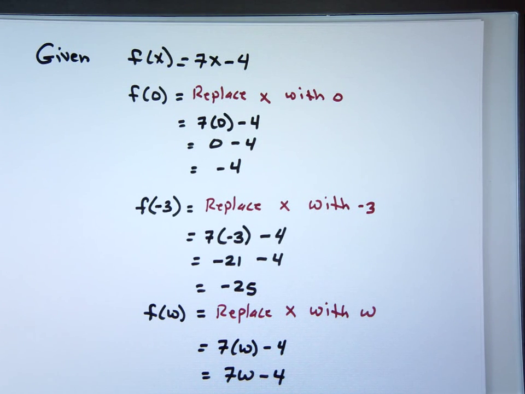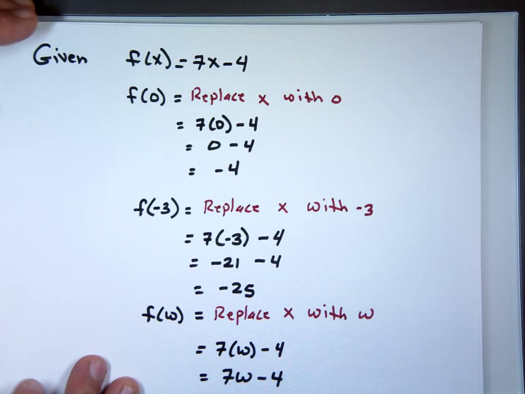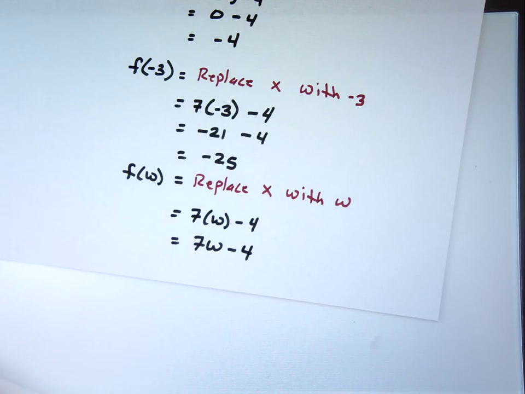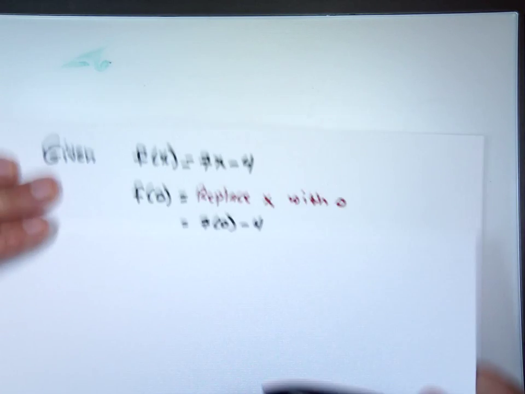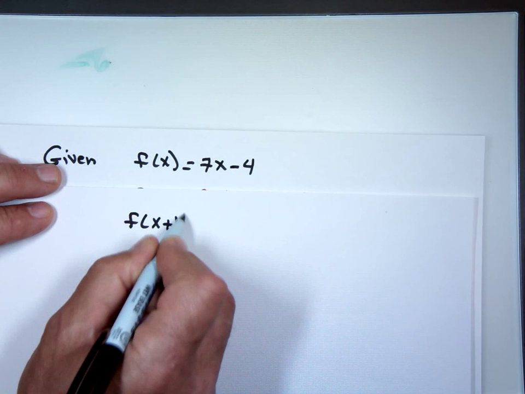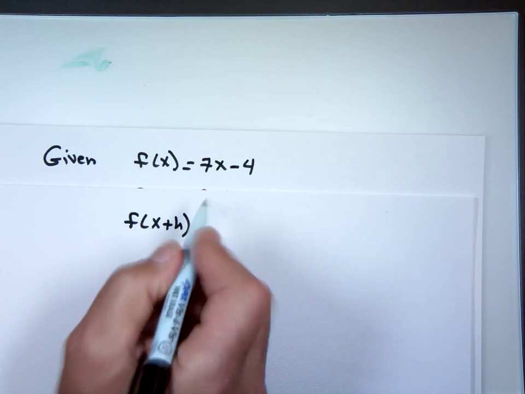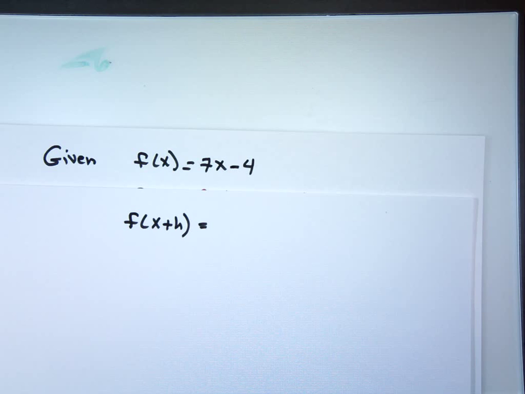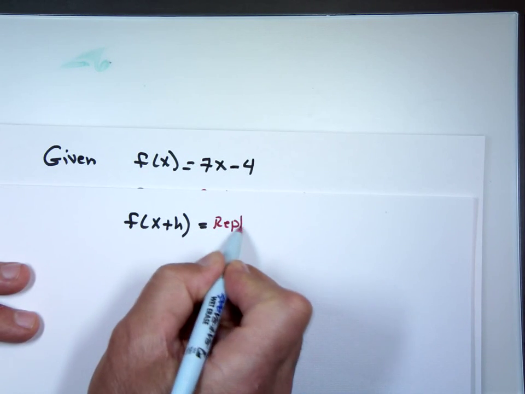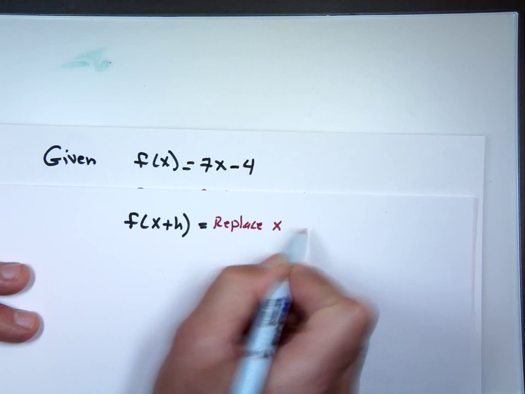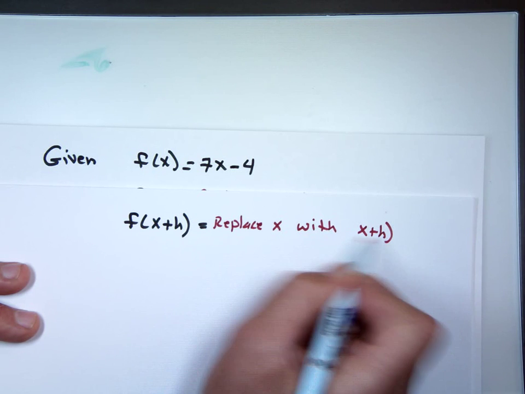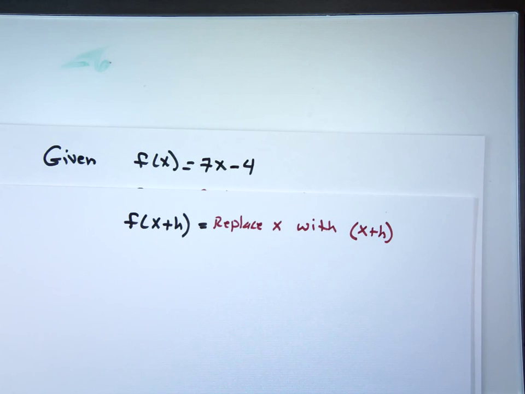Where people always struggle is when I put something like this. I've got the same problem now. Tell me, what is f of x plus h? I go, huh? All you have to do is replace x with what? With x plus h. So every time you see x, yank it out.